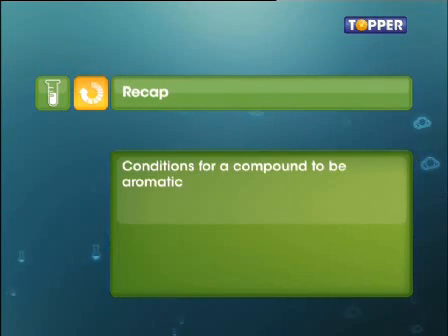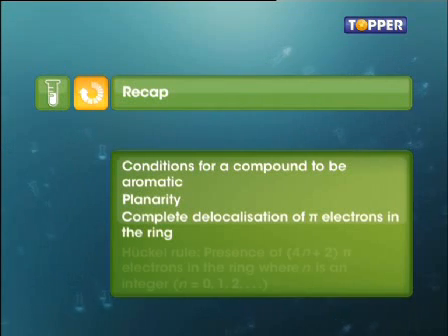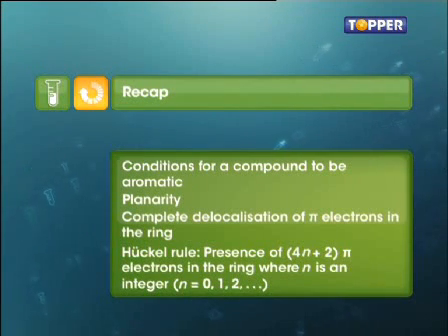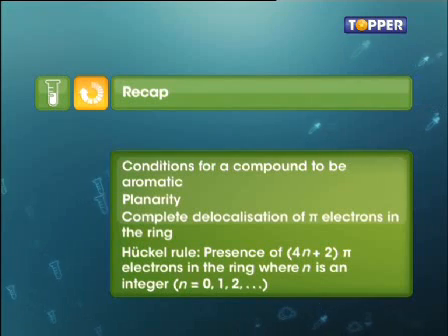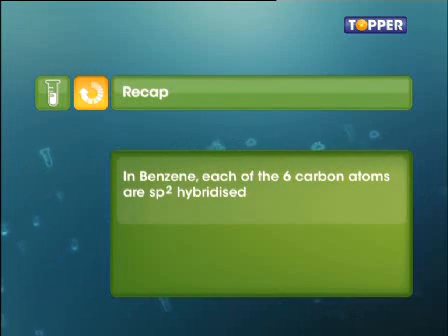For a compound to be aromatic, it should be planar, its pi electrons should be completely delocalized, and it should obey the Huckel rule. And according to Huckel rule, an aromatic compound should have 4n plus 2 pi electrons, where n is an integer. In benzene, each of the 6 carbon atoms are sp2 hybridized.